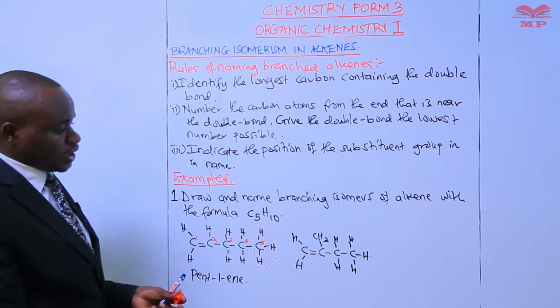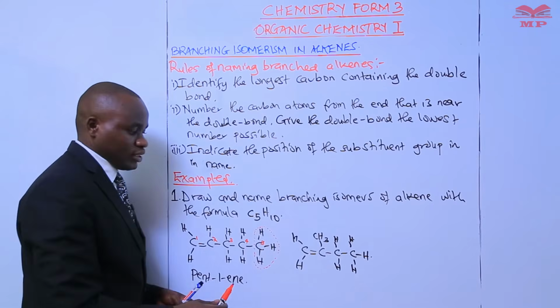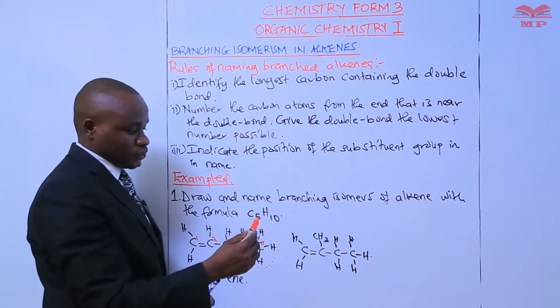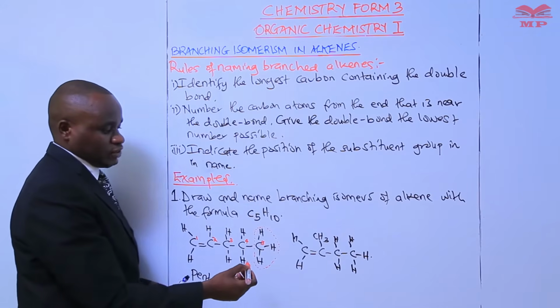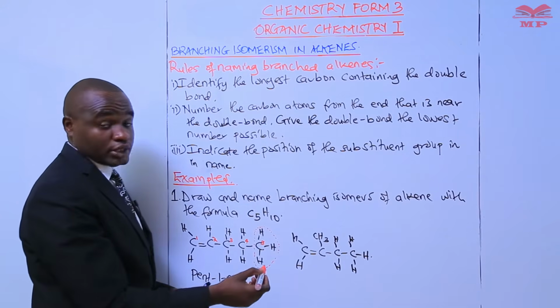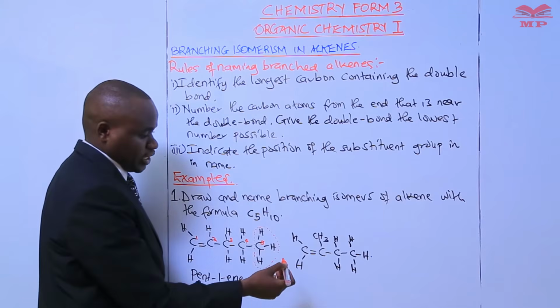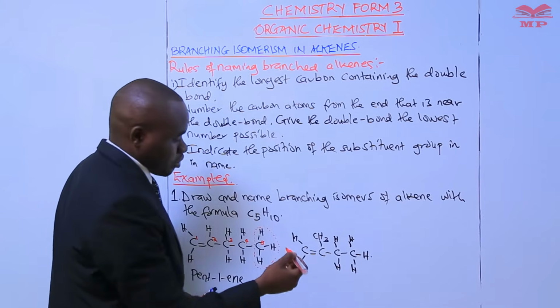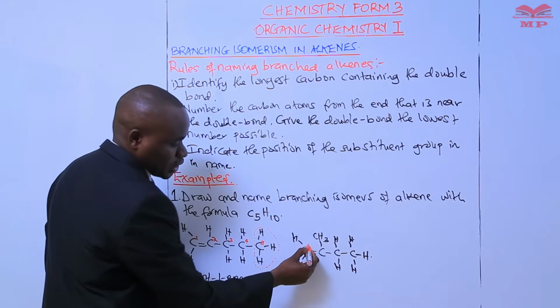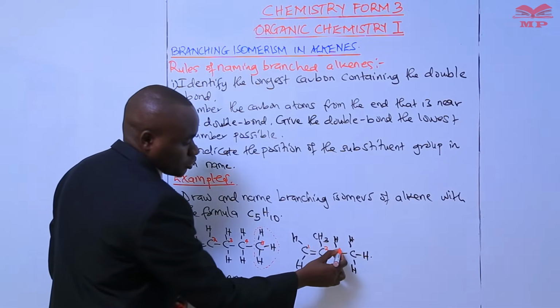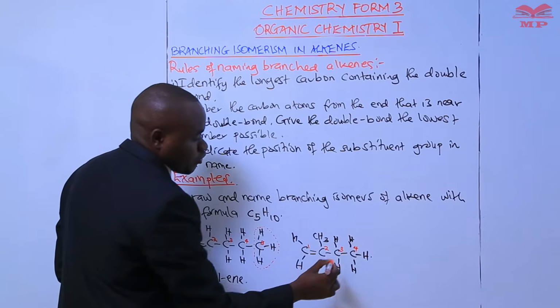If I was talking about alkanes, then this rule was telling us that we number from the end that is near the branch. But here, as far as alkenes are concerned, the rule now changes. You number from the end that is near the double bond. So the double bond is near the left hand side. So this will be labeled as carbon 1, then carbon 2, carbon 3, and then carbon 4, like that.